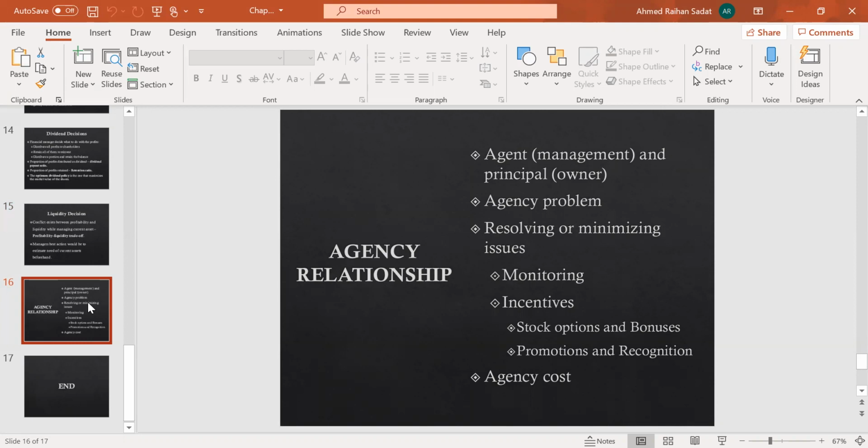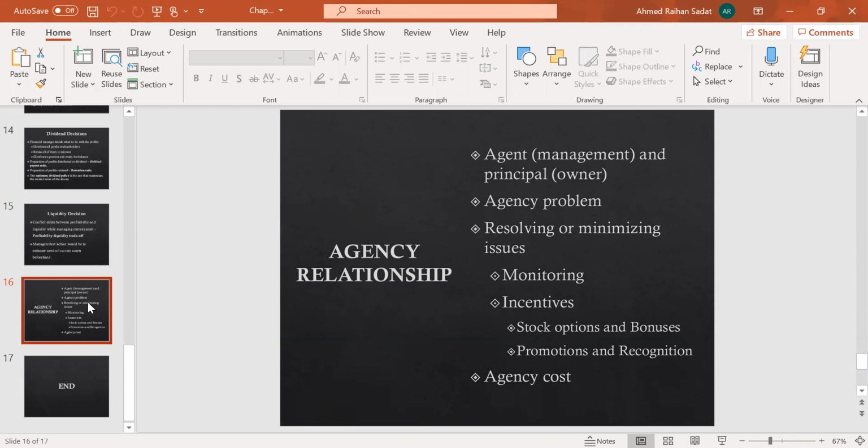What is the agency problem? The agency problem is not an argument between these two. Agency conflict is not that. Sometimes we tend to misinterpret it, because it's not basically a misunderstanding or an argument. Agency problem or agency conflict means the conflict of interest. That's very important: conflict of interest, not any other kind of conflict.